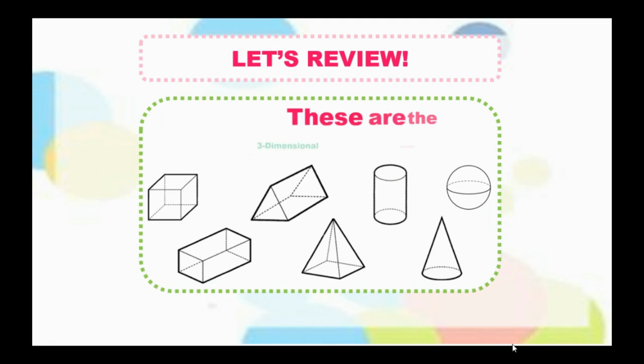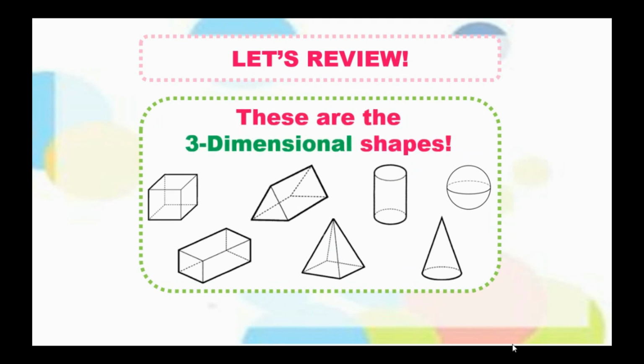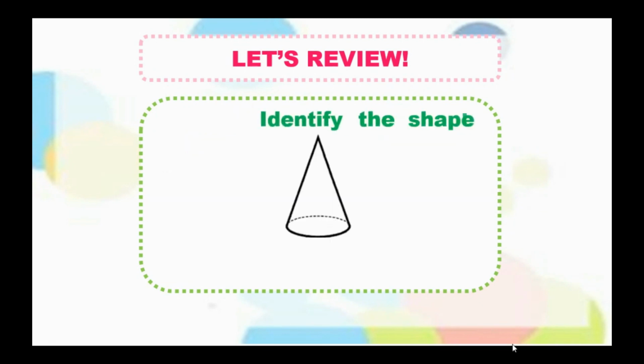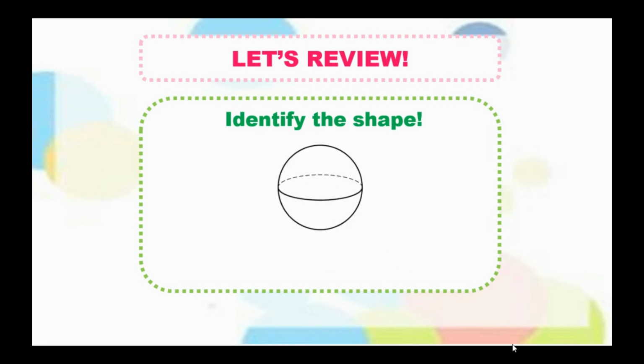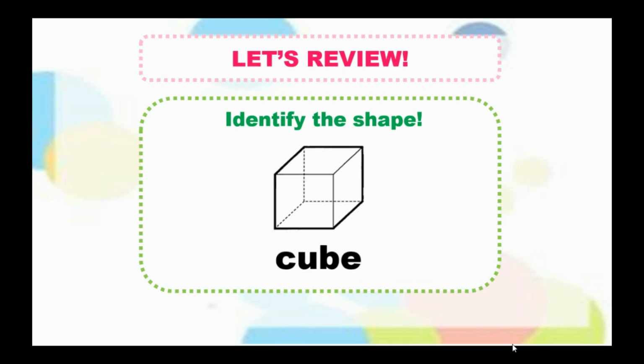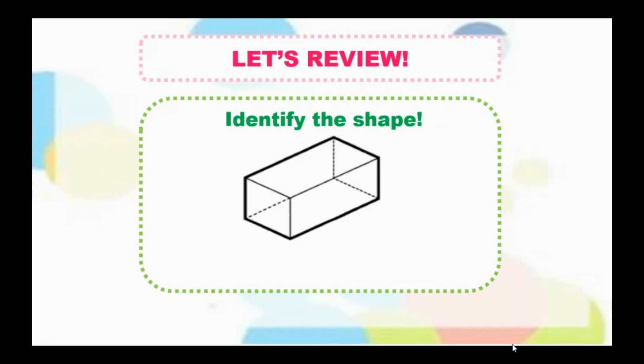So let's review. These are the three-dimensional shapes. What's the name of this shape? Good. Cone. How about this? Yes, it's sphere. And this? Cube. How about this?